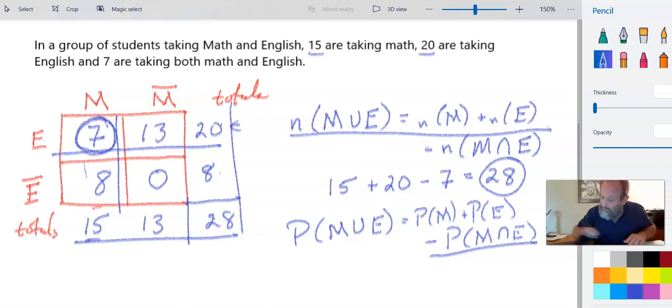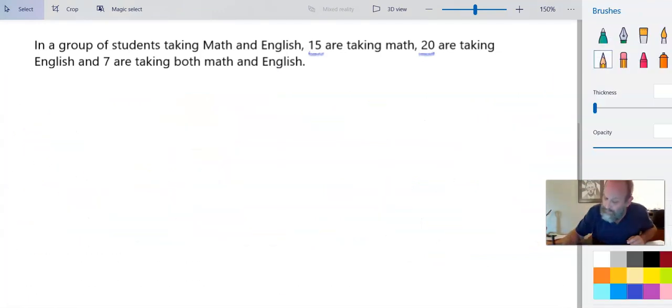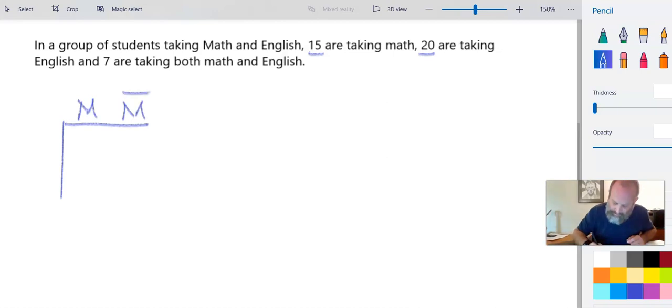Okay, so I just made a mess of this. So I'm going to go ahead and erase this and then recreate the table here, I think. Let's do this. Okay, so let's make this table one more time. Math, not math, English, not English.